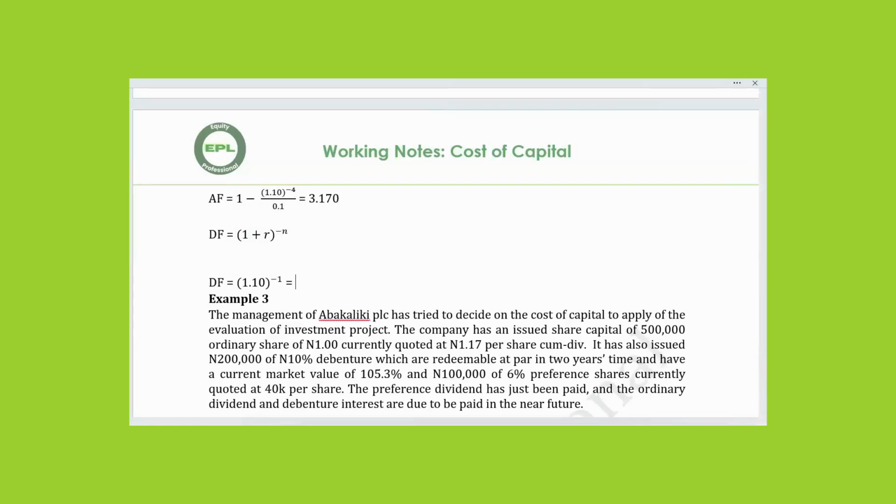So this would be 0.909. If you use your calculator, 1.1 raised to power minus 1 will give you 0.909.